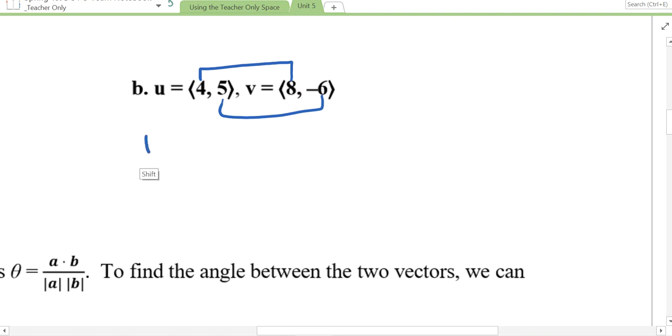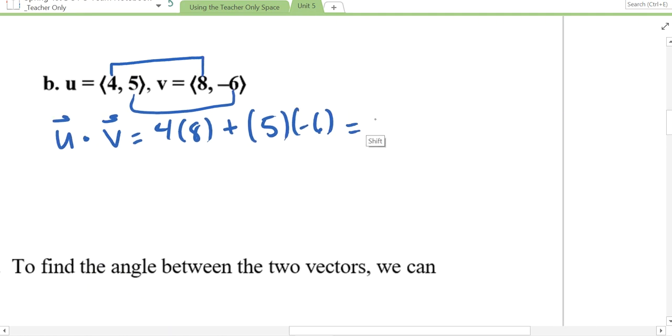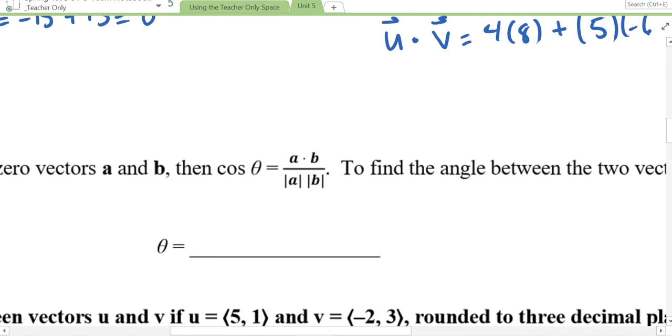So the dot product of the vectors u and v is going to be 4 times 8 plus 5 times negative 6, and that equals 32 minus 30 equals 2. And that has meaning too. It's, well, sort of. Okay, so that's the dot product.